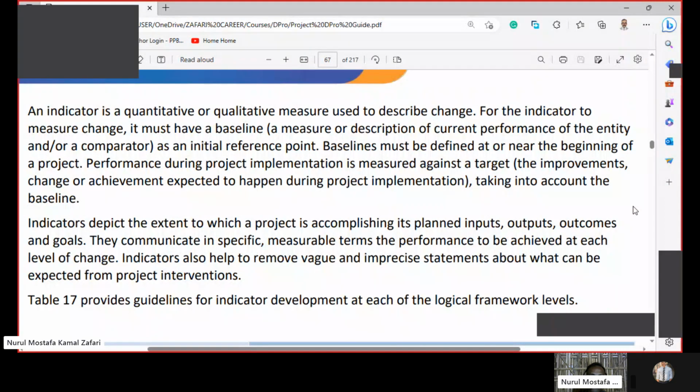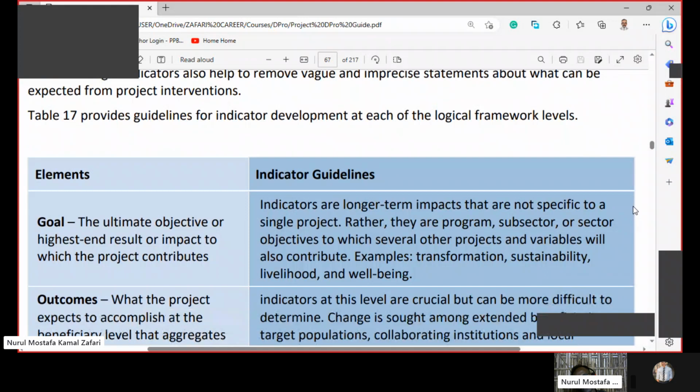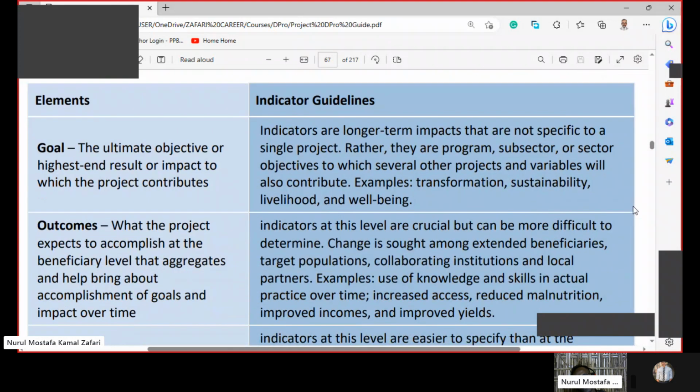Indicators also help to remove vague and imprecise statements about what can be expected from project interventions. So there is a guide to write statements for each level, especially for the indicators.